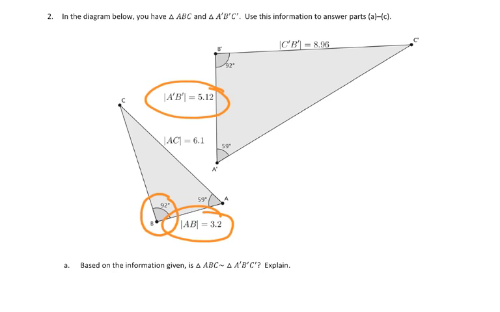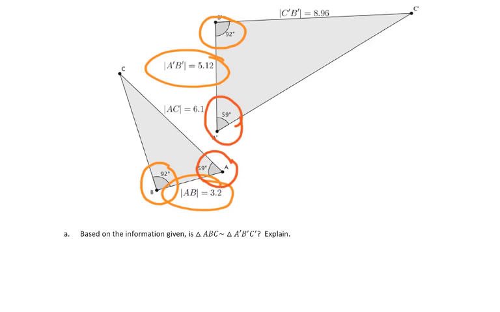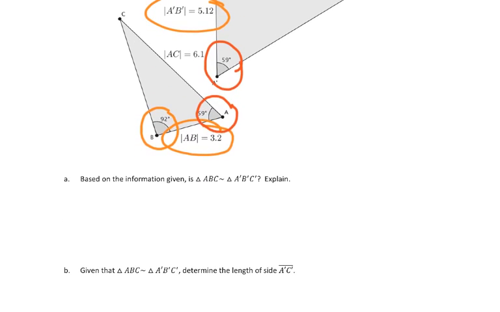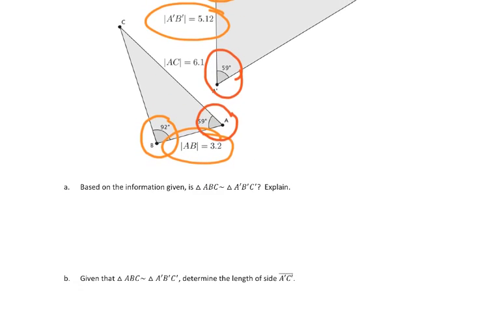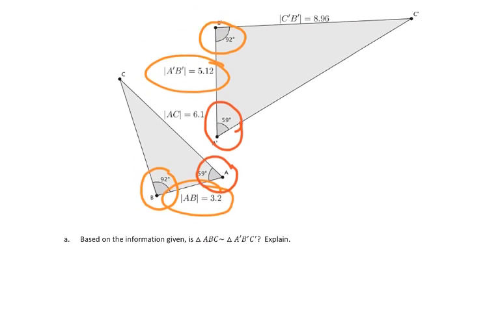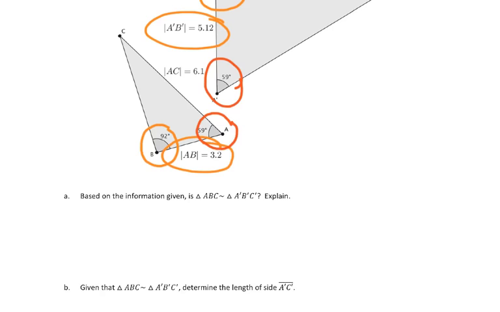And if we look at A prime, B prime, C prime, that is also 92 degrees. So those angles match up. And angle CAB is 59 degrees. And angle C prime, A prime, B prime is also 59 degrees. So because the angles are the same, in the same spot, and they're the same measure, we are able to say that yes, they are similar because the angle measurements did not change.